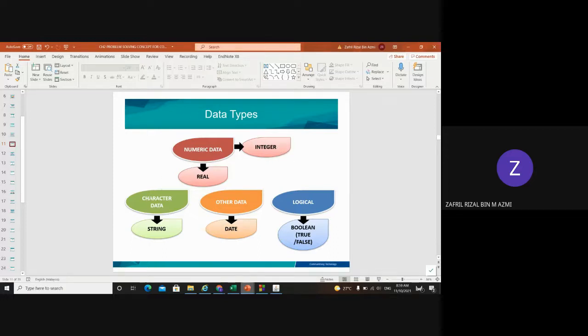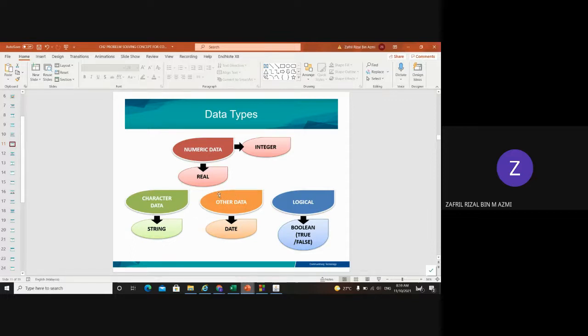And then we have character. Character actually has two kinds. First, a string, a set of characters like ALI. Another one is a single character, A or B or C. And then we have other data.